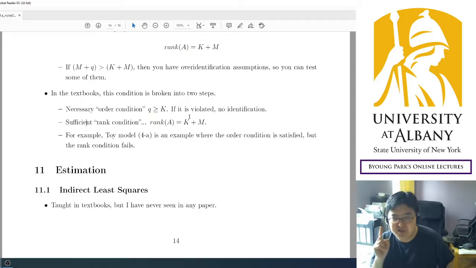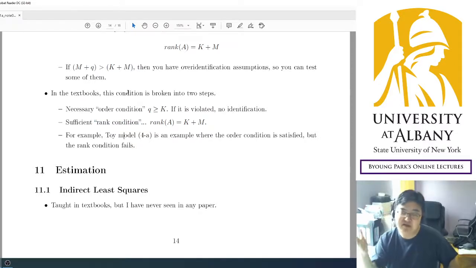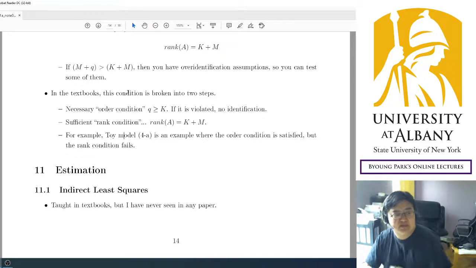This is the sufficient condition for identification, and it is called the rank condition. Just counting the numbers is simple, but it does not guarantee identification. If you want to claim that the parameters are identified, you have to show that the rank is as large as the number of parameters. That's the general argument in this model.